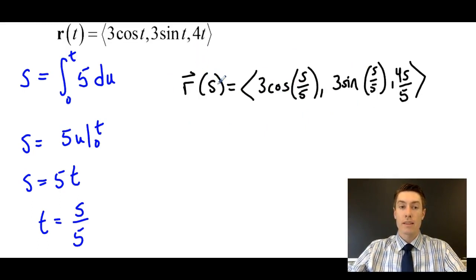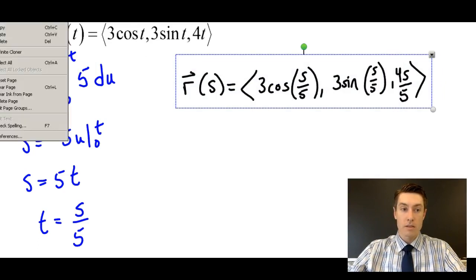Now, most of you are probably looking at this going like, why would we want to do this, right? Is this more just an exercise in doing algebra than anything else? And the answer is no. There is an actual motivation behind defining the vector valued function in terms of arc length as opposed to time. So let's look at that in the next example.